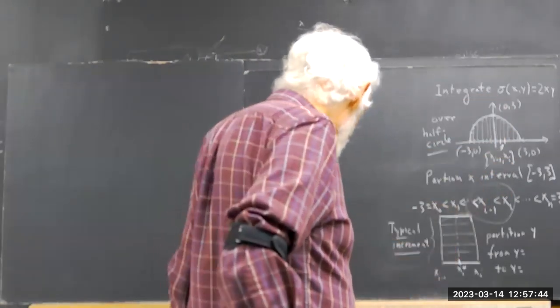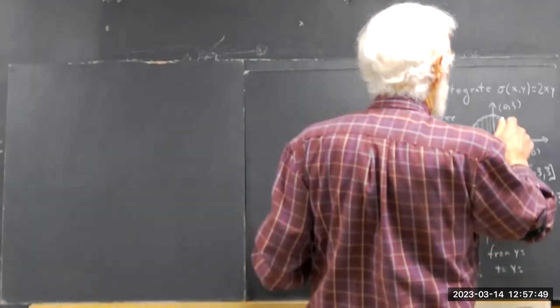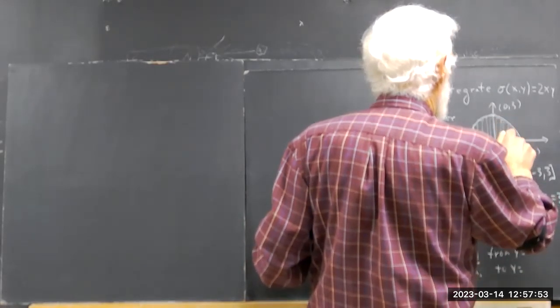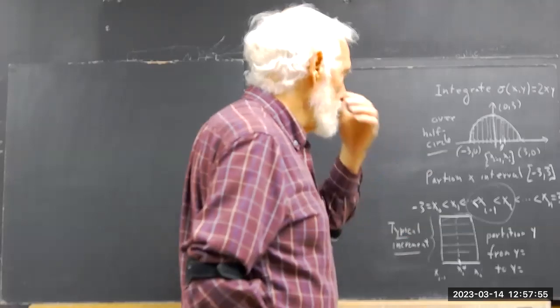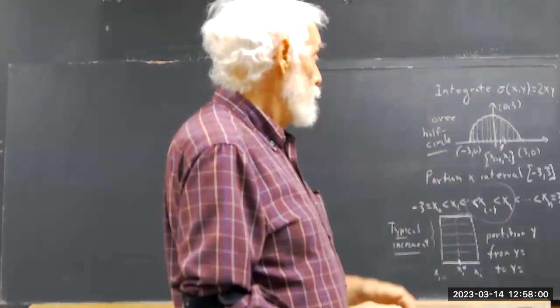So now we're looking at this slicing. And so we'll partition every slice, but we're just going to indicate the partition of this slice. And this could be any slice.